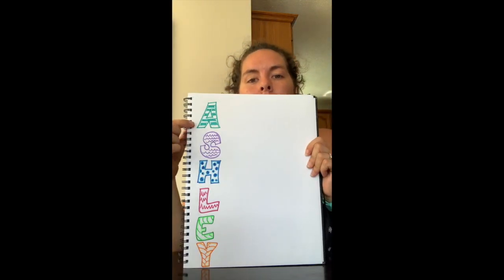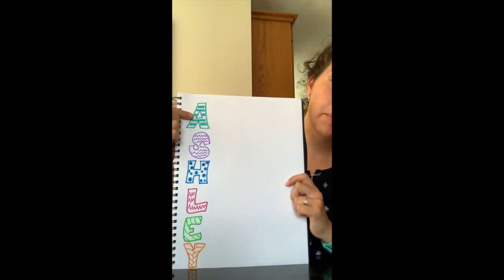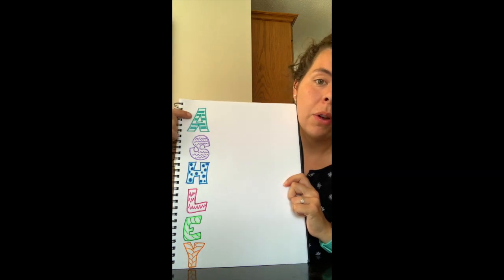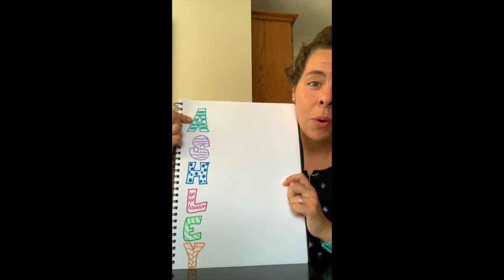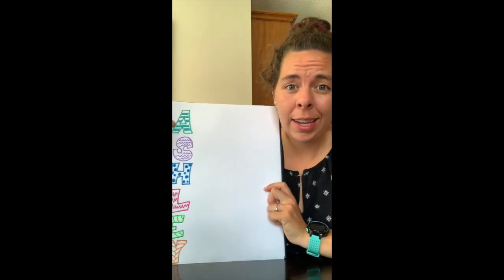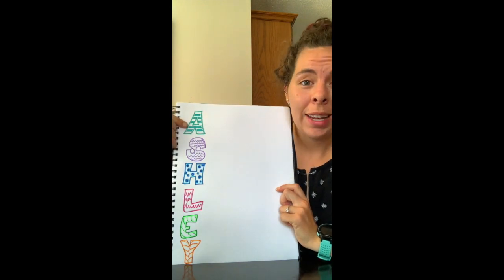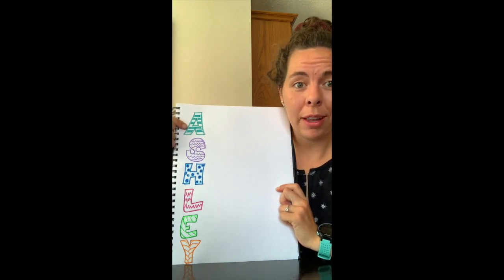All right, so the basics of creating an acronym is you're going to use the letter at the top, and you're going to go, okay, what is something that starts with that letter that describes me as a person, or describes something that I like, or something I'm good at, anything about yourself.